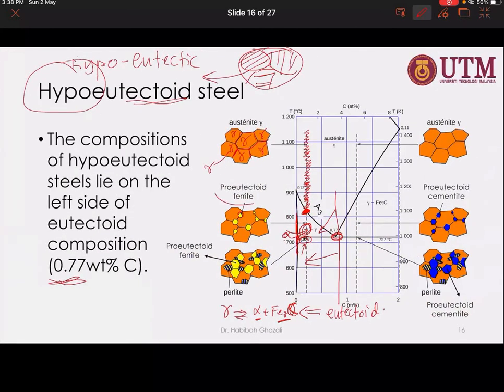The name of alpha is ferrite. But if it is a hypoeutectoid alloy, we call it the first phase because we know that at the bottom there are alpha and cementite also. This alpha needs to be differentiated from the alpha that transforms from the austenite. So this first formation of alpha, we call it proeutectoid ferrite.